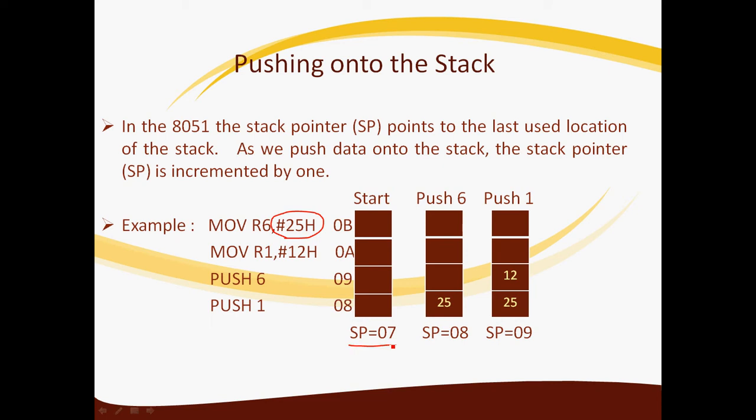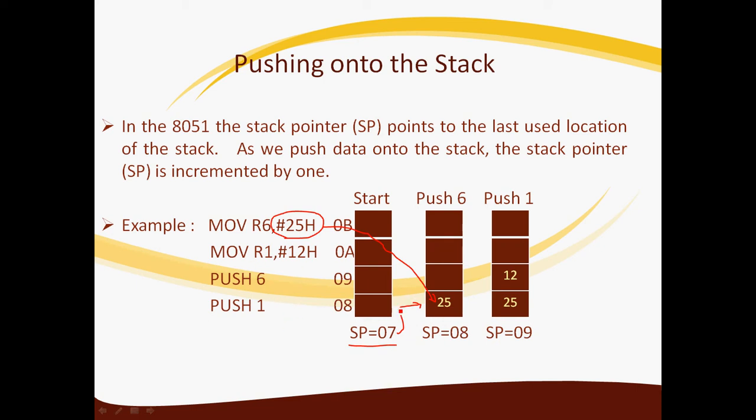The push operation takes place in two steps. First of all, the stack pointer, which is here pointing to 07, is incremented by 1, so now it points to 08, and in the second step 25H is moved to here. And the next command you can see is PUSH 1, that is the contents of R1 to be pushed onto the stack.